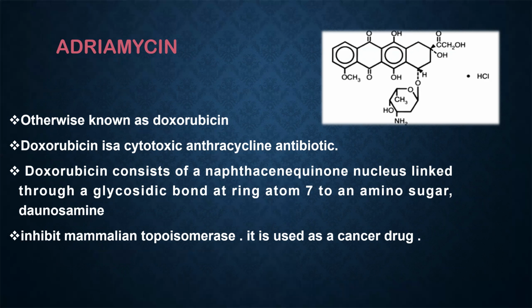Doxorubicin is a cytotoxic anthracycline antibiotic, and it consists of a naphthaquinone nucleus linked through a glycosidic bond at ring atom 7 to an amino sugar, daunosamine. It may inhibit mammalian topoisomerase, and it is also used as a cancer drug.